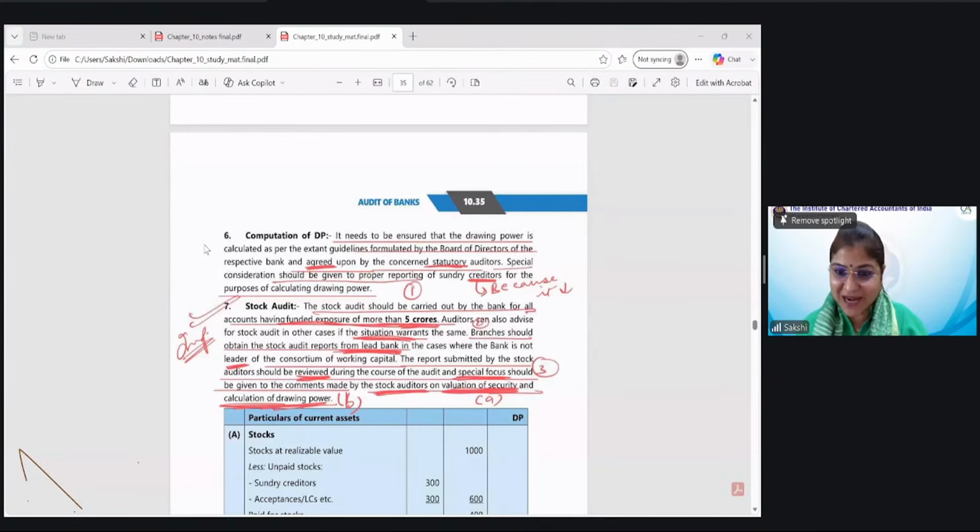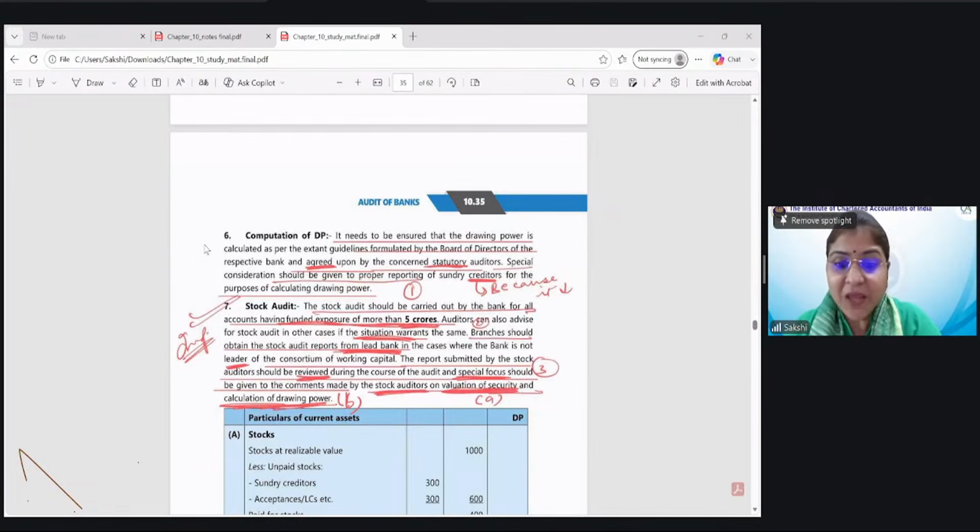Are you all understanding? So auditors can also advise for the stock audit in other cases if the situation warrants the same. They say, okay, even if the funded exposure is less than 5 CR, but the auditor will say no, still there is uncertainty. So you please go in for stock audit because maybe the nature of stock is such that it fluctuates. So they say, please get it done.